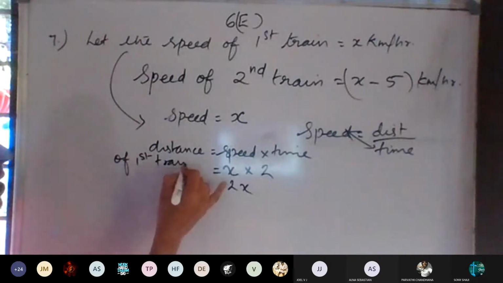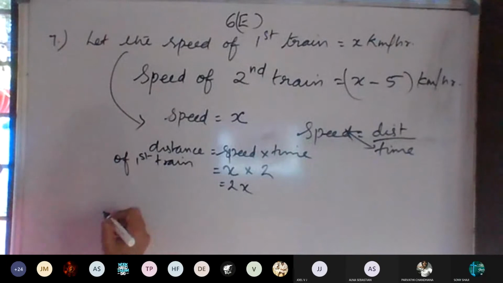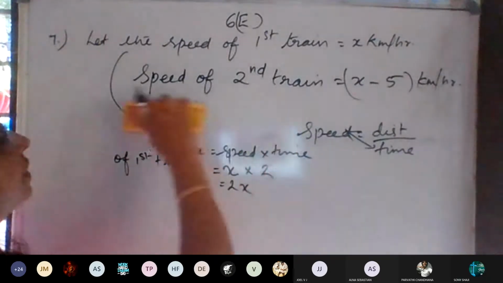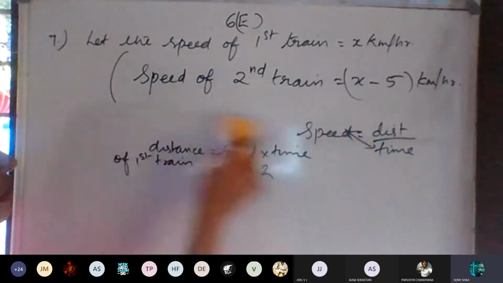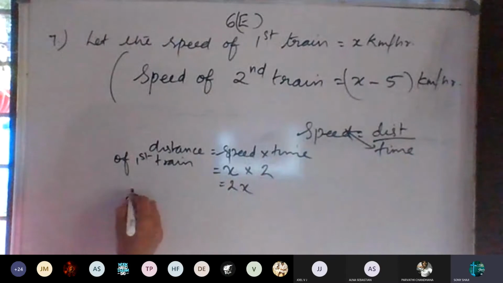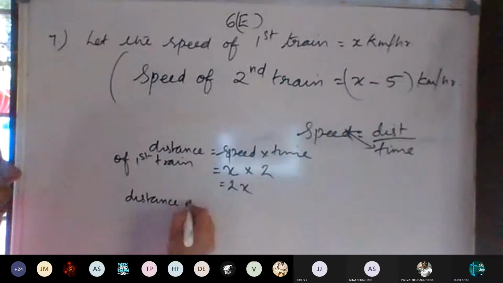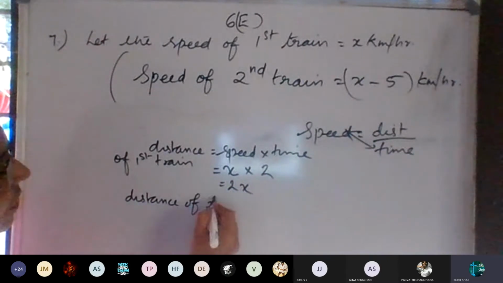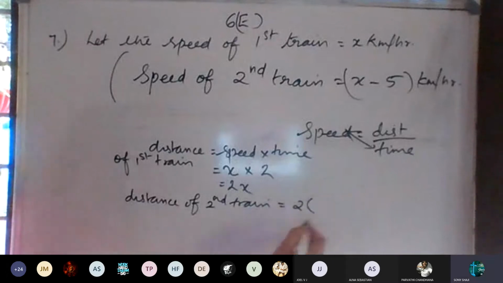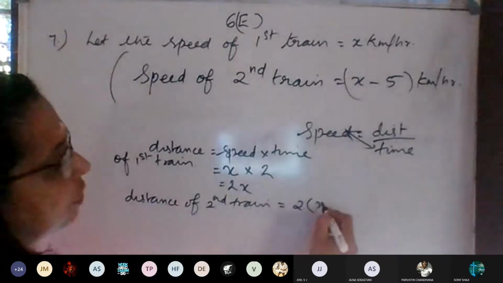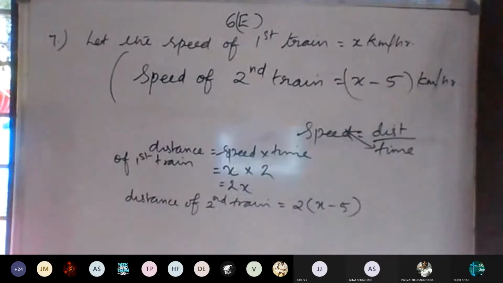Understood? Now the speed of the second train is x minus 5. The distance of the second train is equal to 2 into x minus 5.